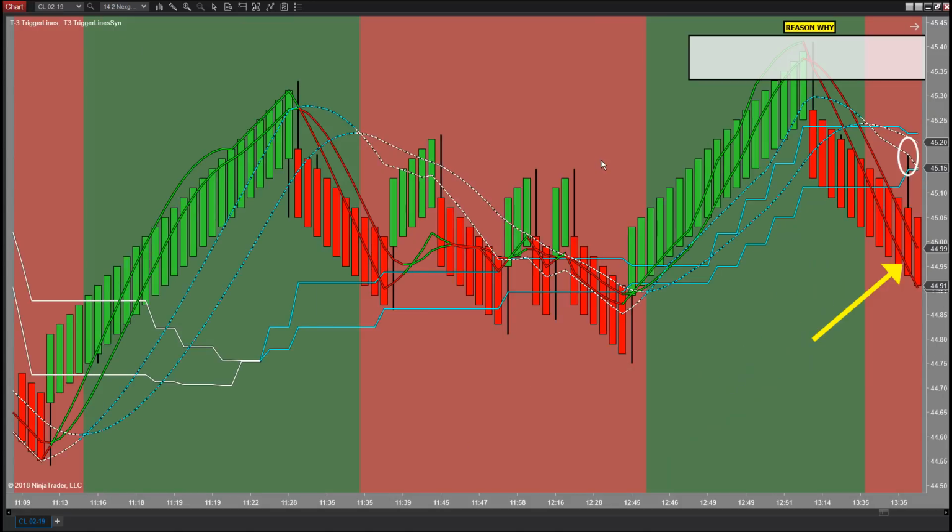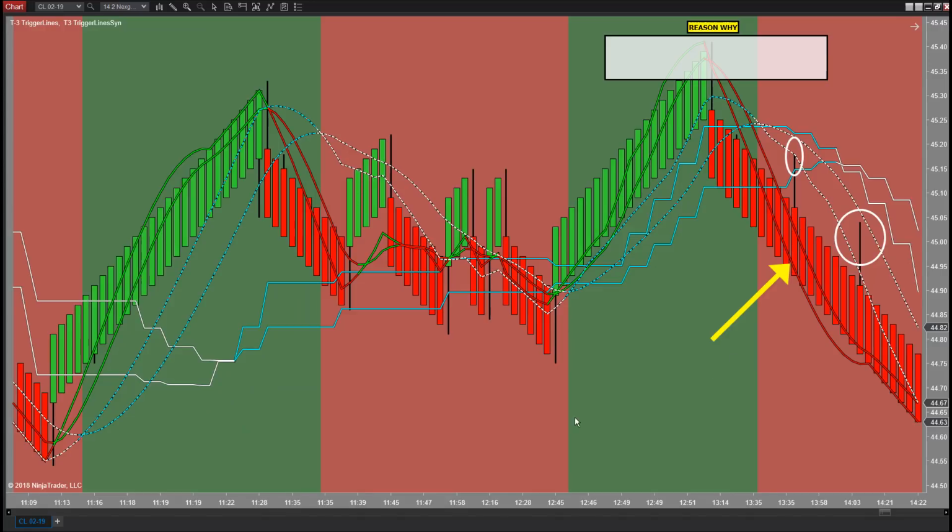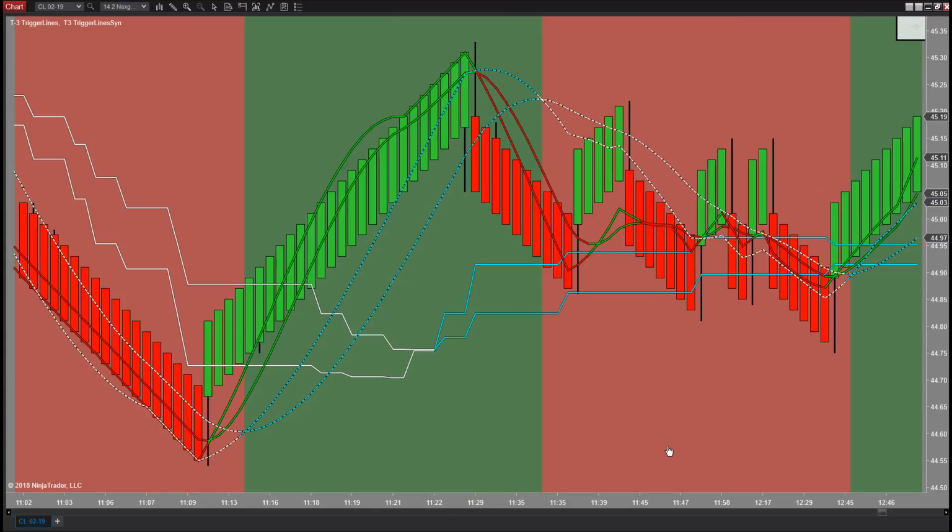One of the other looks that you're going to get is essentially chop. So watch what happens. We'll just spread this out a little bit for you here. You're going to end up with one of the triggers coming down, the synthetic triggers coming up, and it's going to basically apply pressure to the top of the market to come down and the bottom of the market to go up.